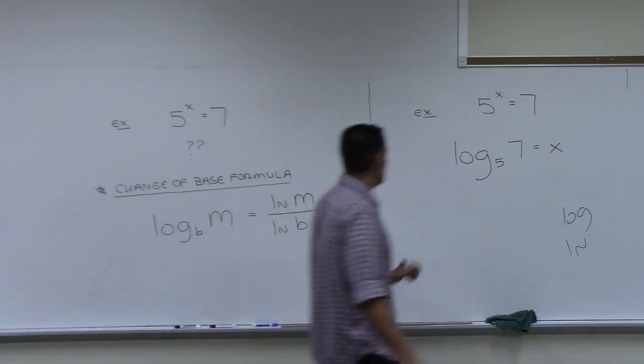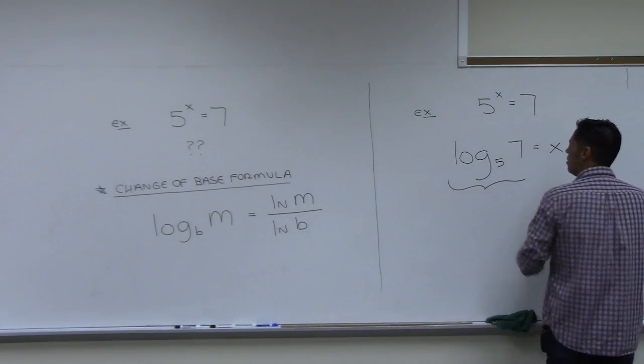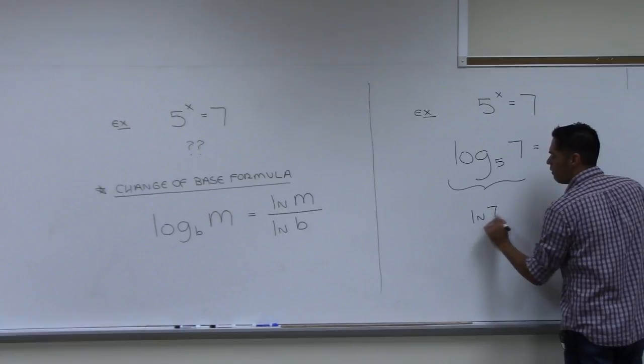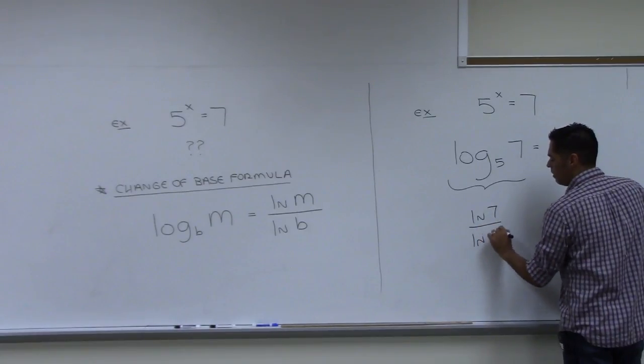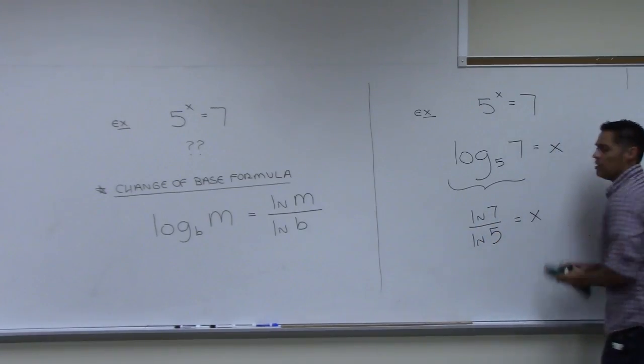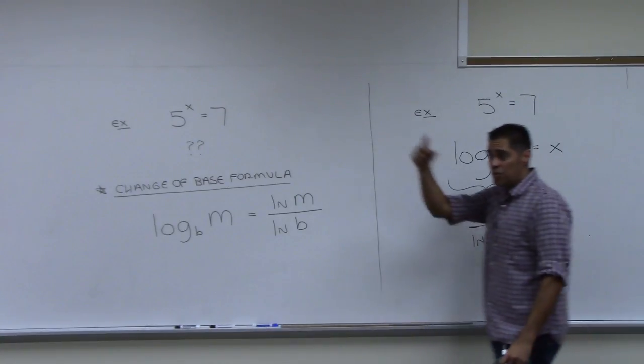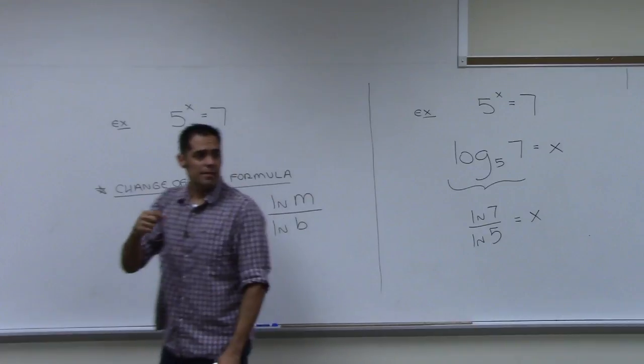So how can I use the change of base formula to rewrite that? Using that formula, I do ln 7 over ln 5. That's equal to x. You need to be able to do that on your calculator now. So try this. It's two different natural logs, not a single log.